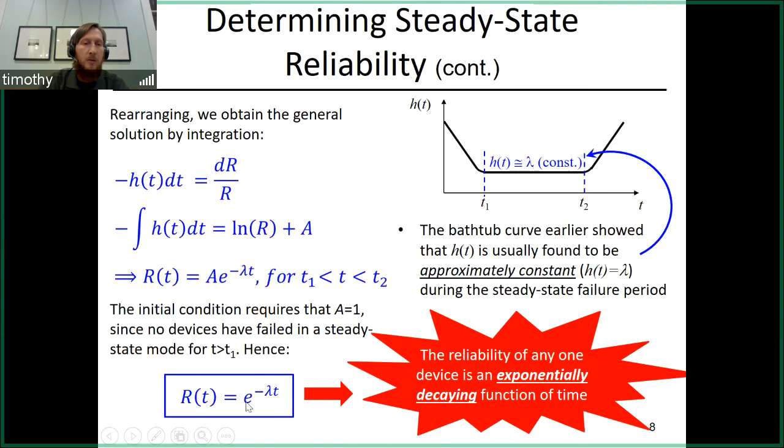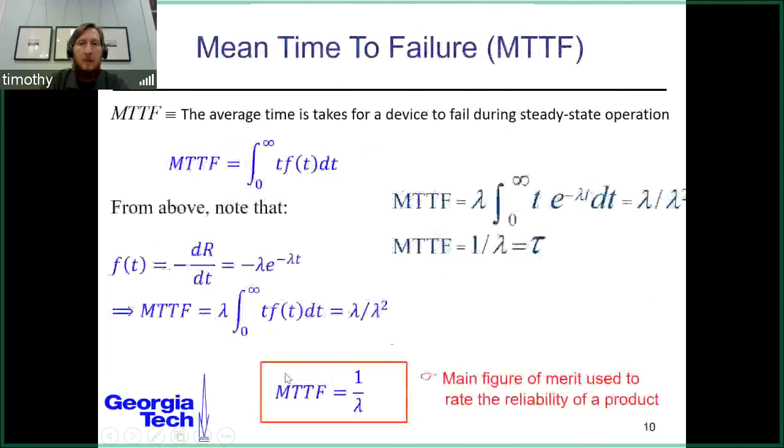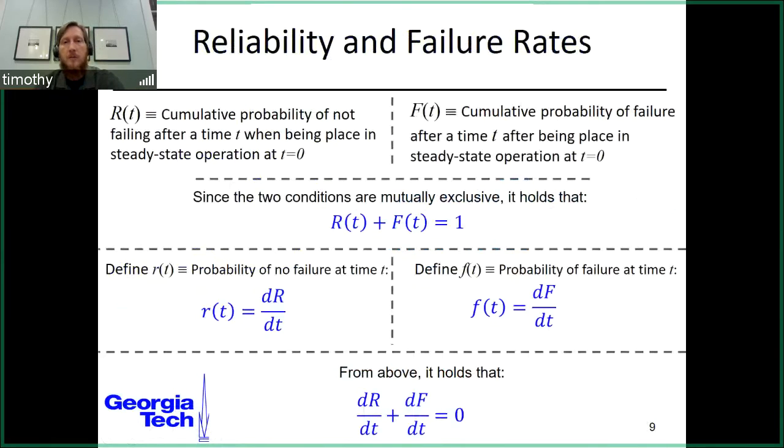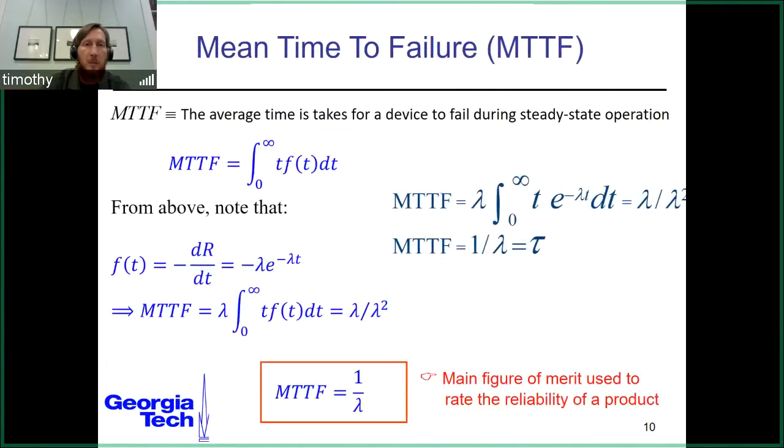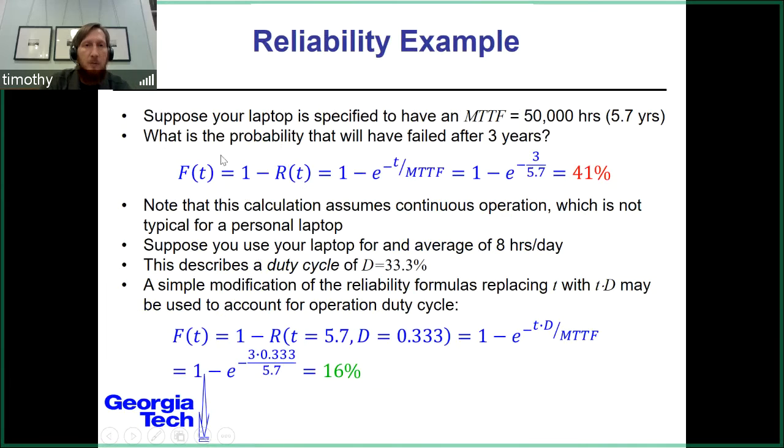The mean time to failure is 1 divided by lambda. And then we had the subtraction terms to get R of t plus F of t is equal to 1. So you combine those two equations together. That's where we get this first part, and then we can get this exponential decay of the second part.